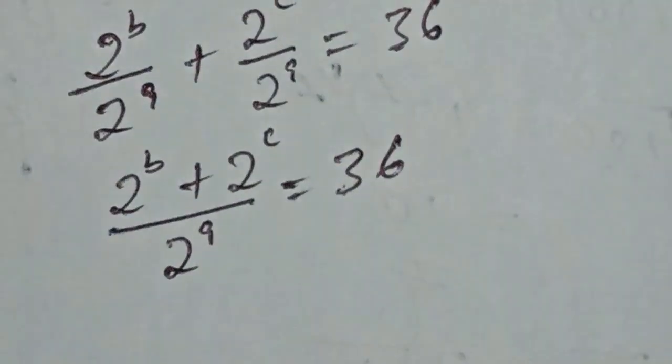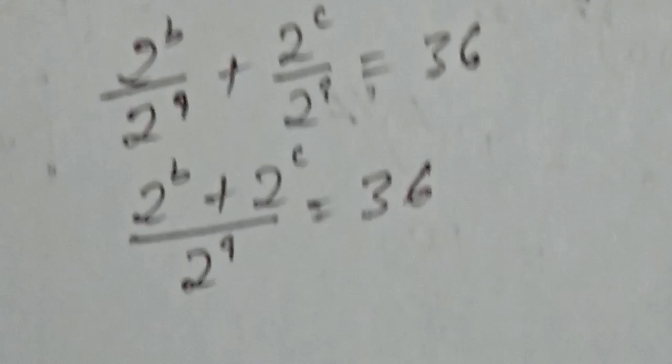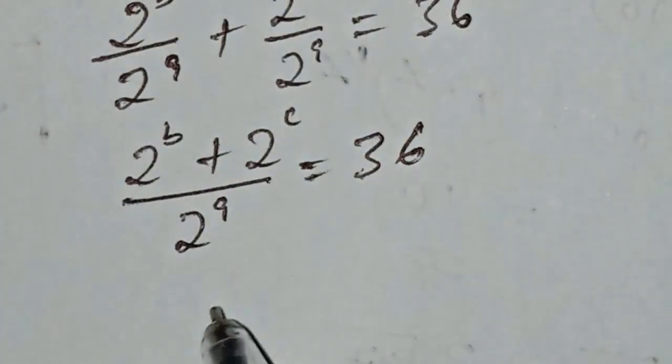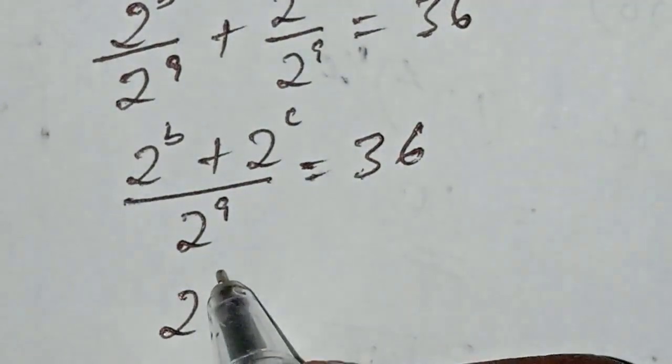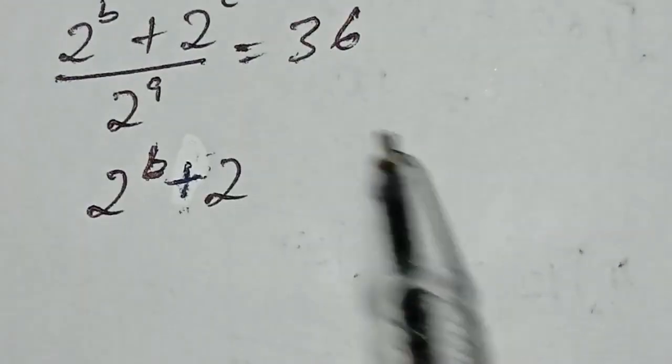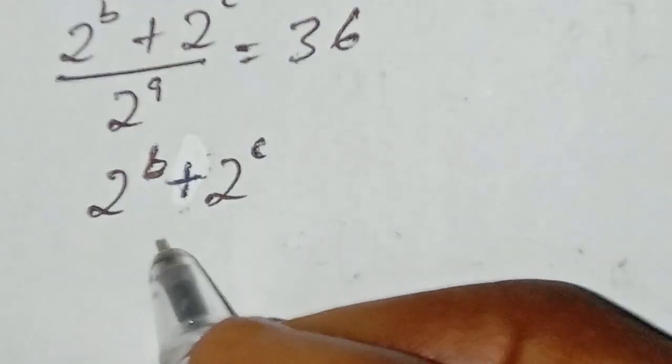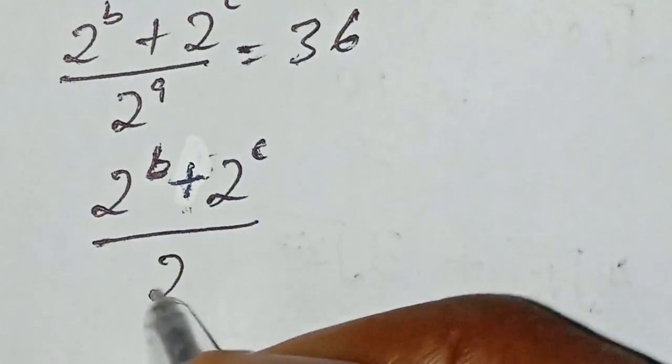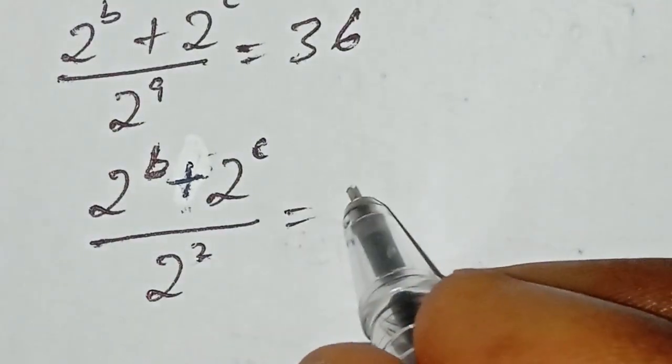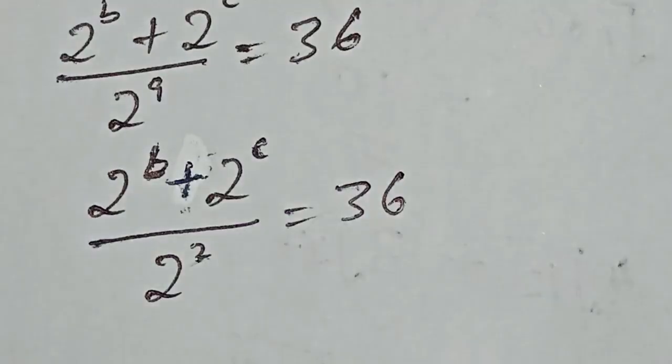So we have 2 to the power of b plus 2 to the power of c over 2 to the power of 2 equal to 36.